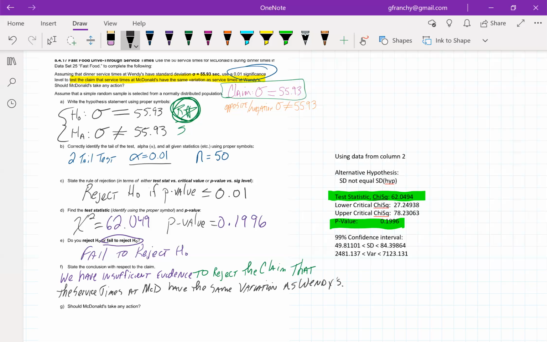So next, should McDonald's take any action? Well, this is no, if we fail to reject it. Well, actually. So this is where knowing the context of what's going on makes a question like G a lot easier to answer.